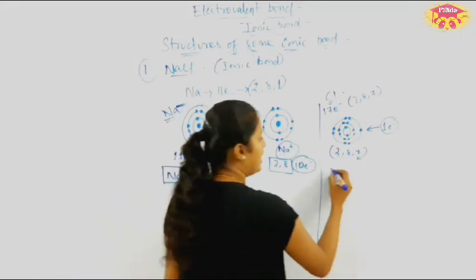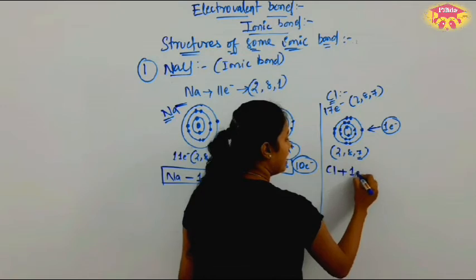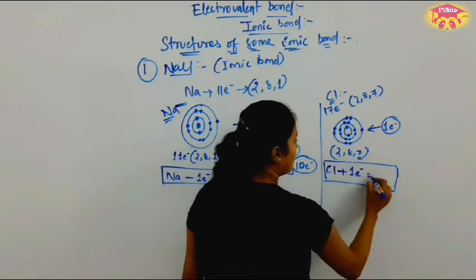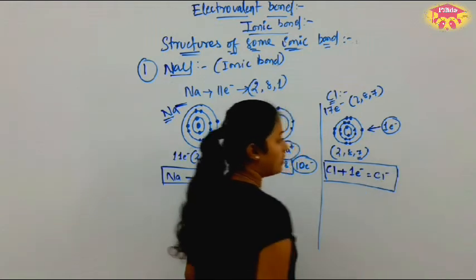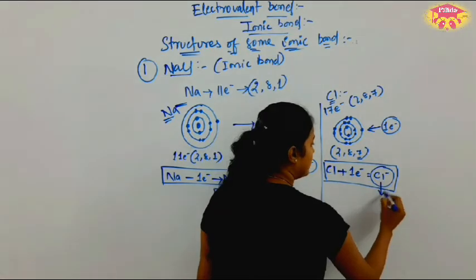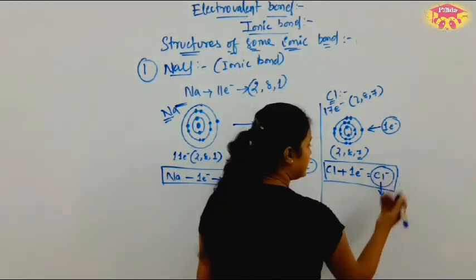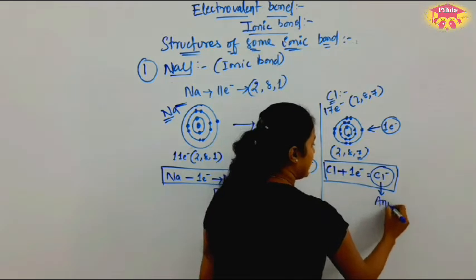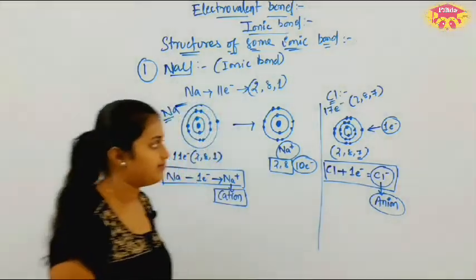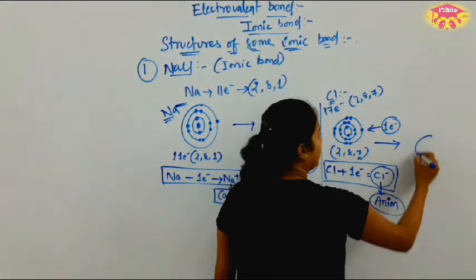Now, the chlorine atom will receive 1 electron, students. Remember, the chlorine atom will receive 1 electron to form chloride ion. And we know that an ion carrying a negative charge is known as an anion. Right? And how will the structure look?